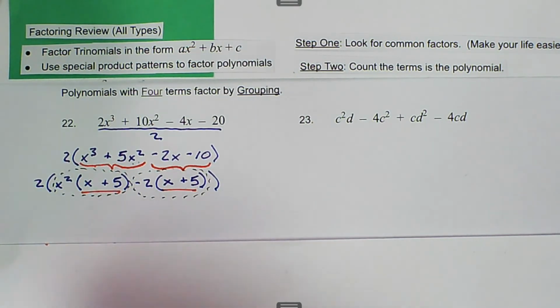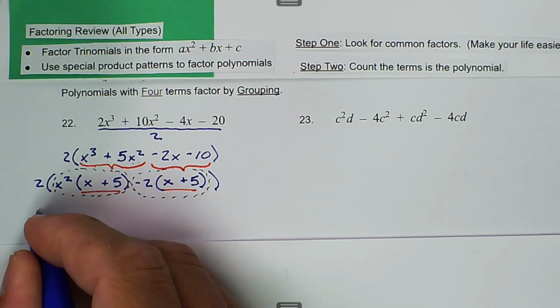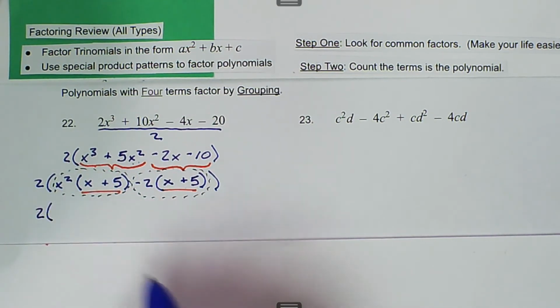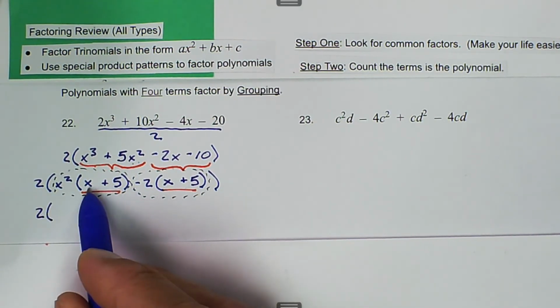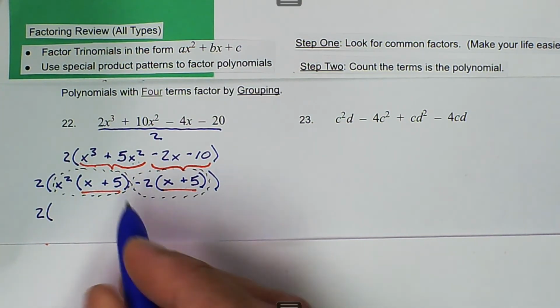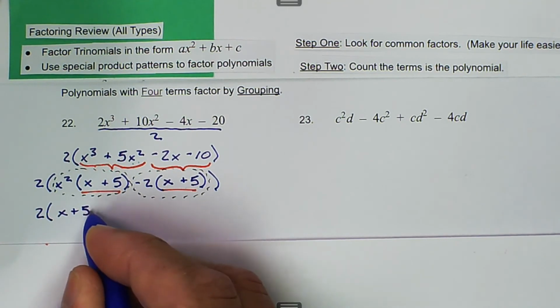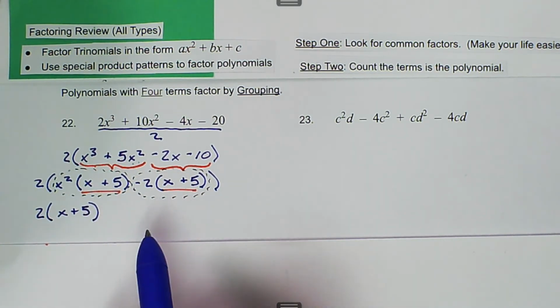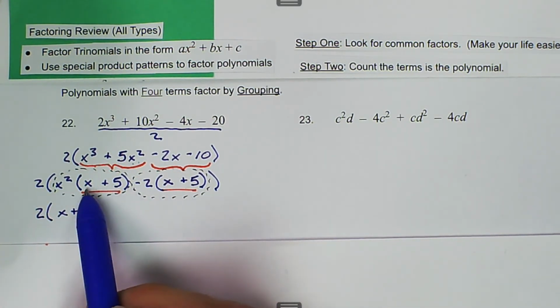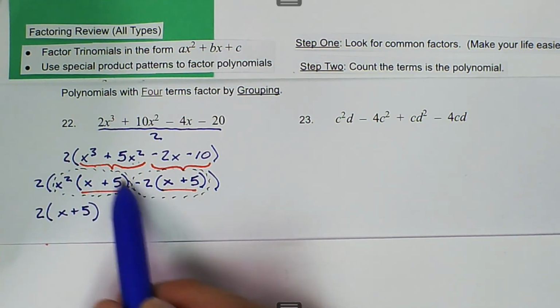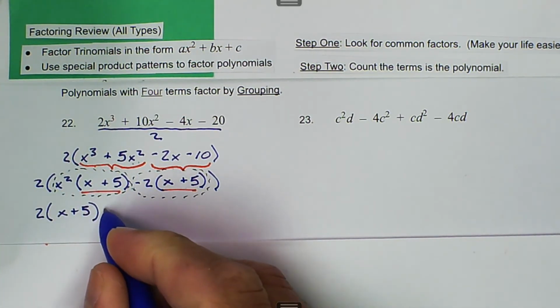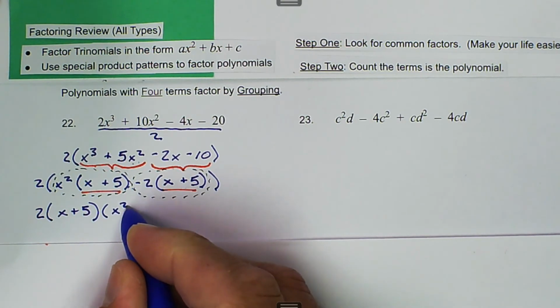And so what we get is we still have to bring the 2 down because that's just going to stay out front. Now we're going to pull an x plus 5 out of both terms. And what's left? If we take an x plus 5 out of this, what's left is an x squared.